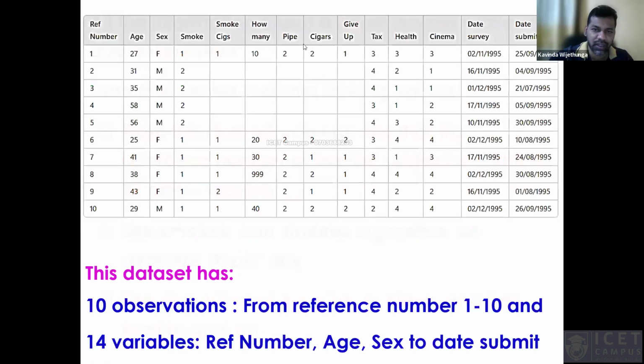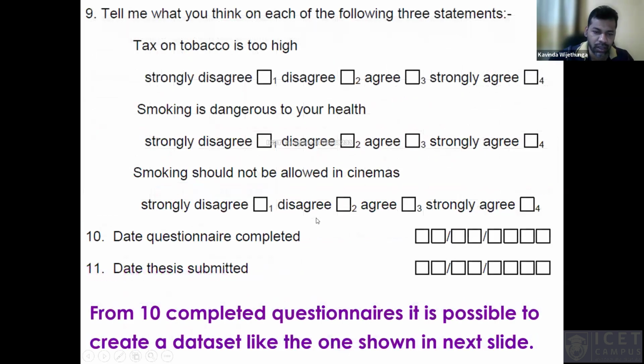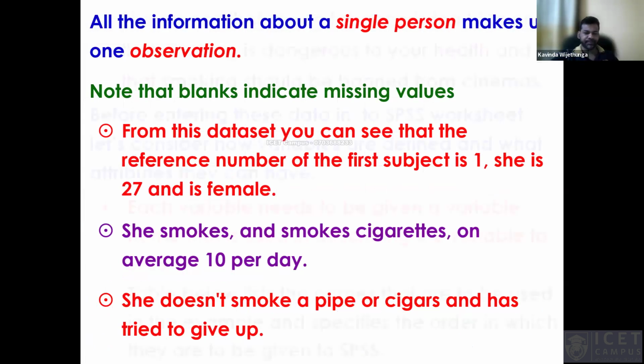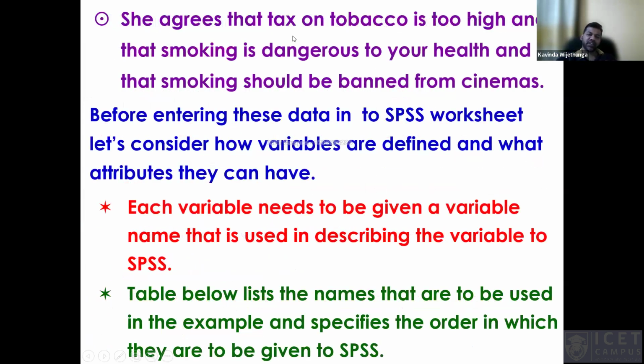She tried to give up. She agrees that tax on tobacco is too high and that smoking is dangerous to your health, and that smoking should be banned from the cinema.